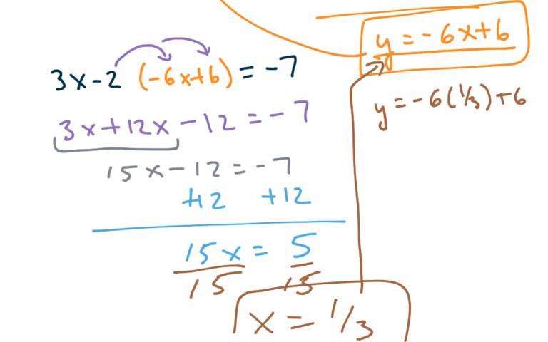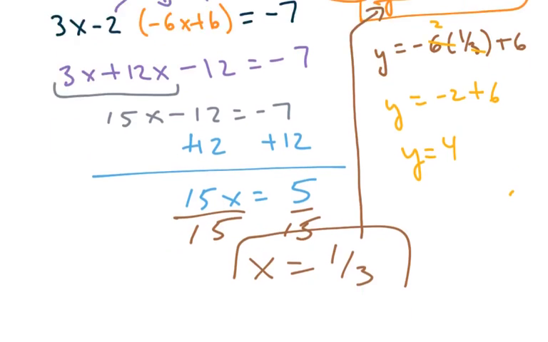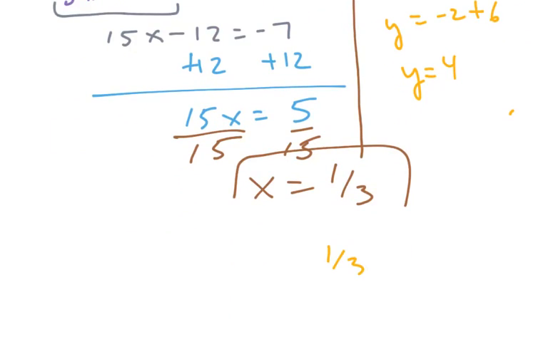Hopefully you're not intimidated by the 1/3, because we know 6 divided by 3 is 2, so this is just y equals negative 2 plus 6, which means y is equal to 4. So my final answer is going to be 1/3 comma 4.